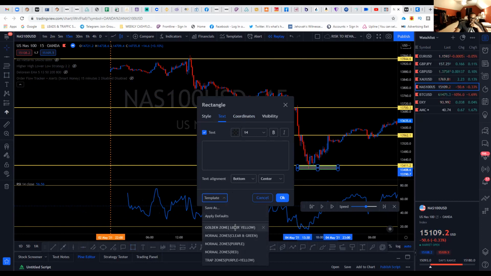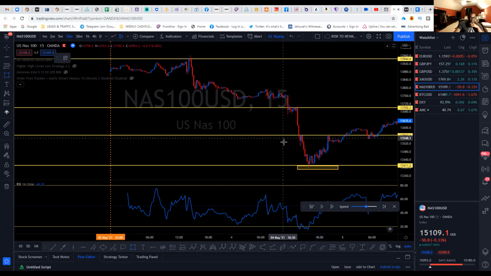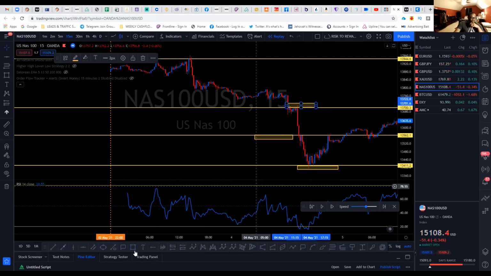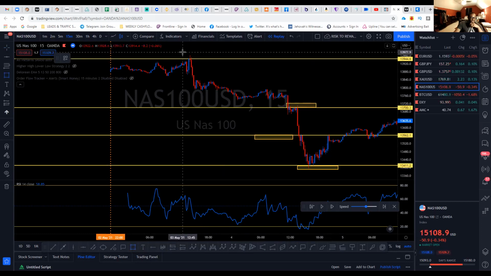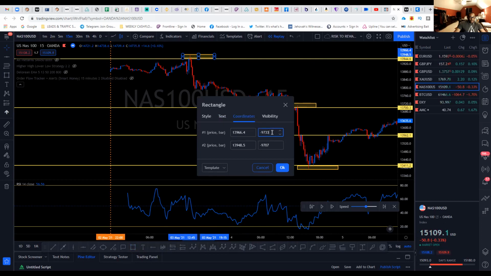We're going to make this light yellow just to match up. I'm probably going to draw it right here, just do it like that. All right, kind of do the same up here. Then I'm going to change the coordinates of these zones so they stretch throughout the whole screen.